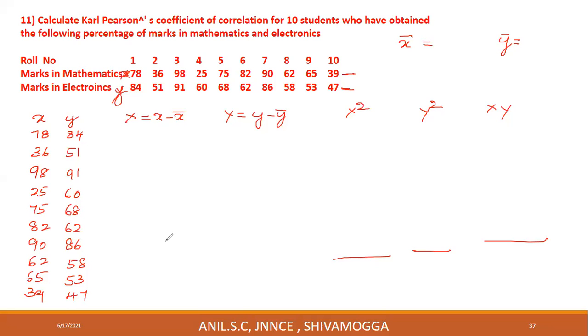What is x bar? Summation x divided by n. 65. That's right. And y bar? 66. Both are correct. Go ahead.